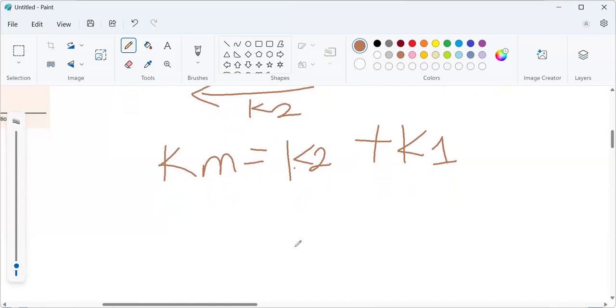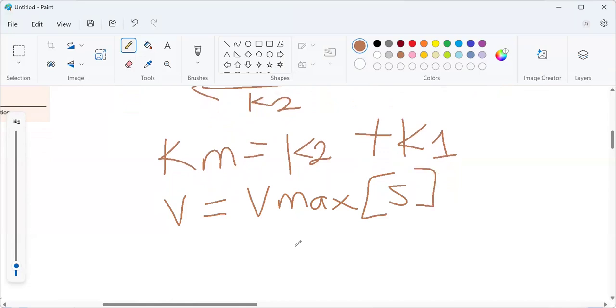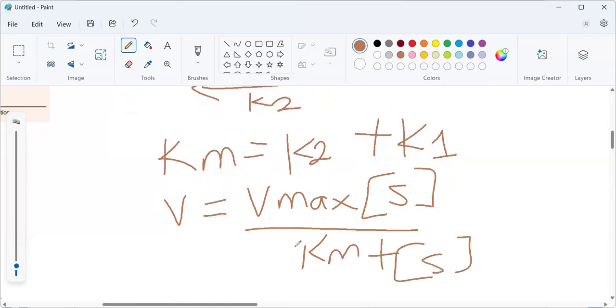You can also see that the velocity V is equal to Vmax times the substrate concentration S, over the Michaelis-Menten constant Km plus S. V here stands for the velocity, Vmax is the maximum velocity, S is the substrate concentration, and Km is Michaelis-Menten's constant.